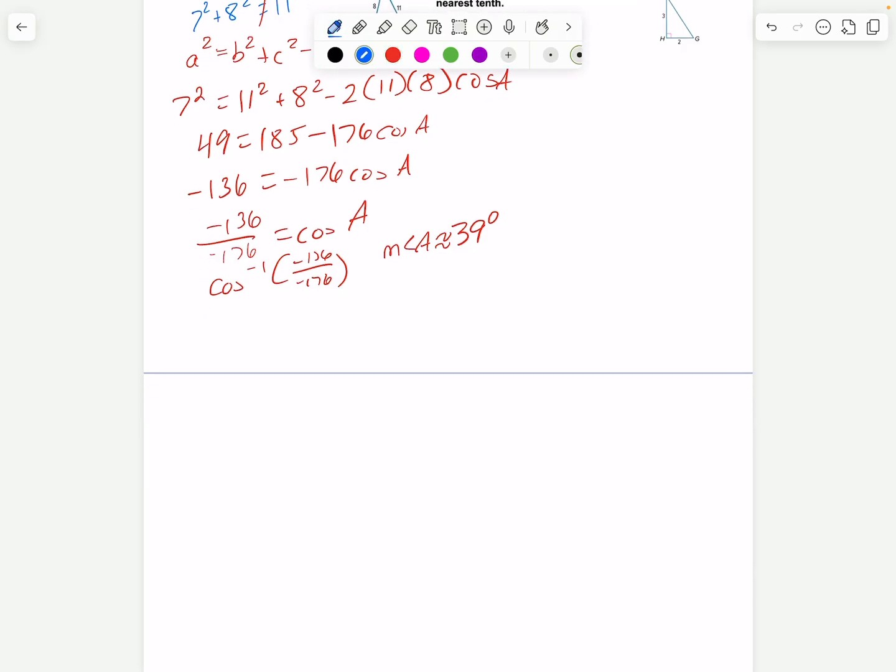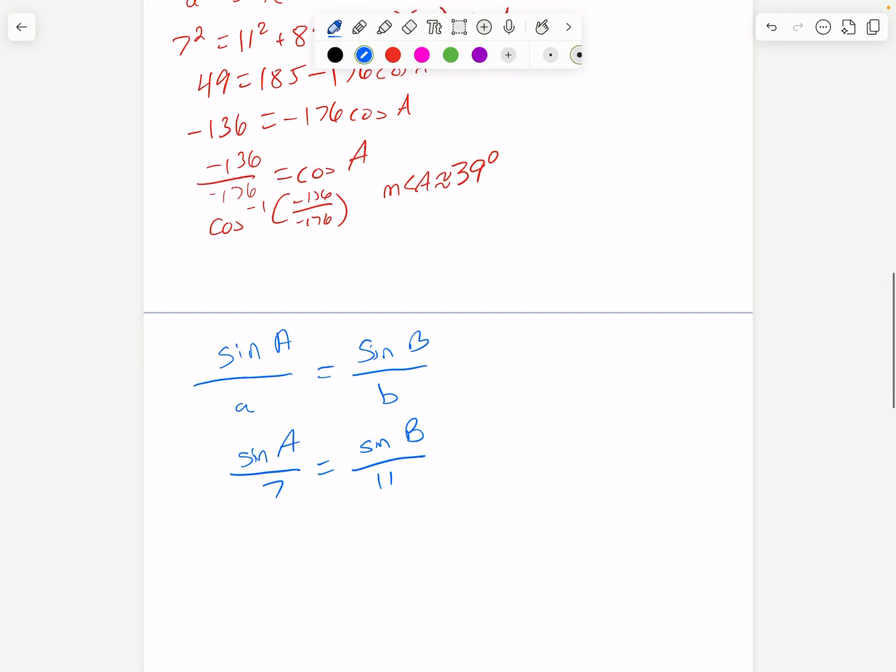You might need to move it on the side or whatever, but we can use sine of A over A equals sine of B over B. So sine of A over 7 equals sine of B over 11, because A equals 7, B equals 11. So that means 11 sine A equals 7 sine B. You divide by 7.